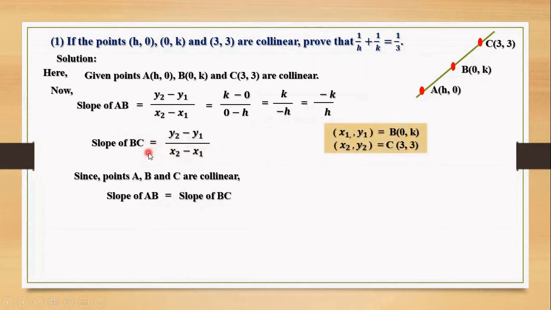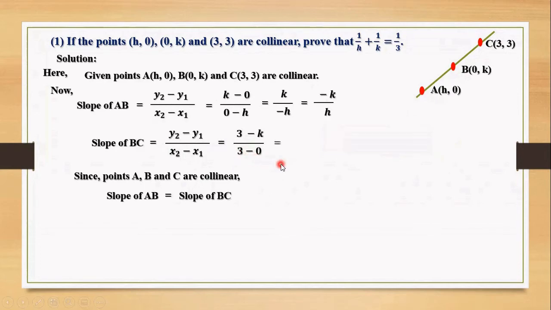Here for this line, we take point B as x1, y1 and point C as x2, y2. So let's substitute the values. We get y2 minus y1 is 3 minus k, and in the denominator x2 minus x1 is 3 minus 0. Let's simplify it. It is (3 minus k) by 3.